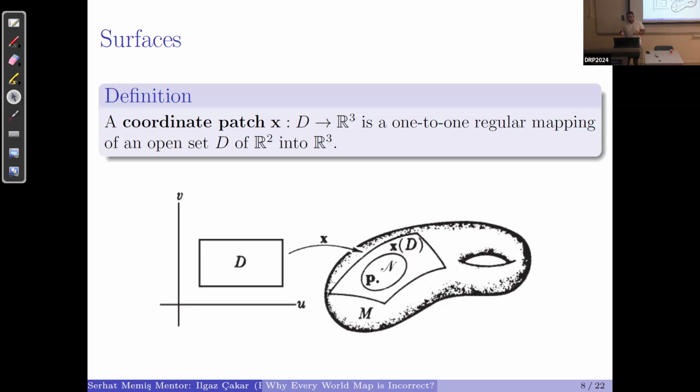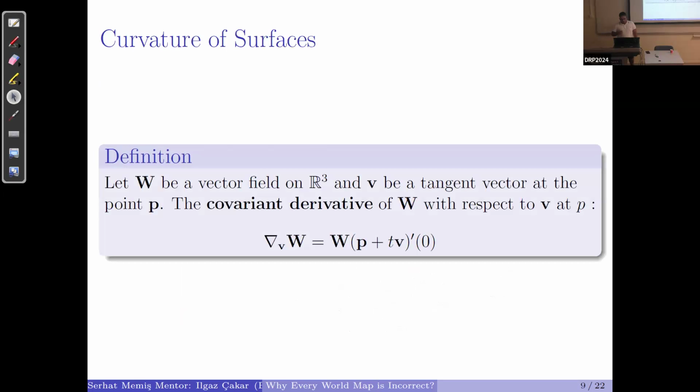But we want to examine the bending of a surface. So as in the curve, we took the derivative of the tangent vector. So we need to take a derivative on a surface, but we don't know how to take a derivative on a surface. So we need another tool. The tool is the covariant derivative. Let W be our vector field and V be our tangent vector at the point P. The covariant derivative of our vector field along the vector V is this.